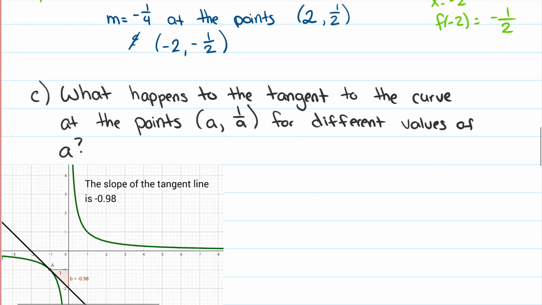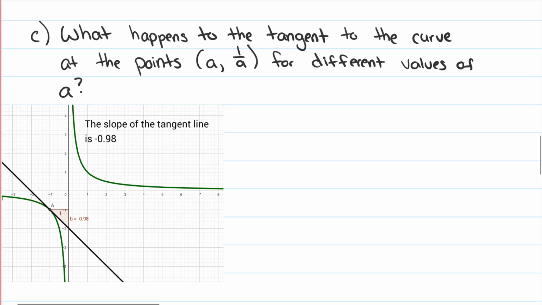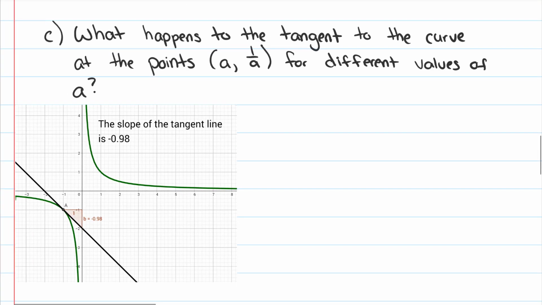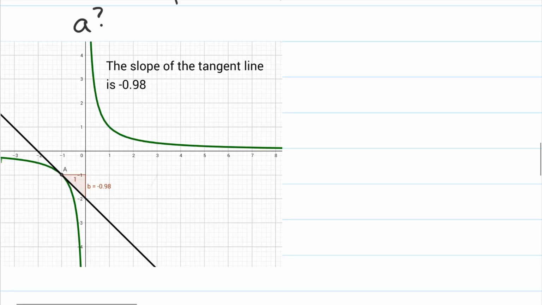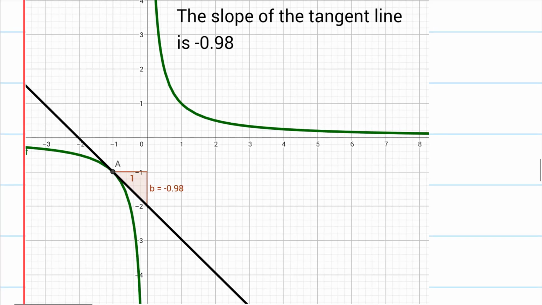So the last thing I want to talk about is what happens to the tangent line to the curve at the points a, 1/a for different values of a. So if we hone in on this graph and look at this for a while, you can see right now that the slope is -0.98.